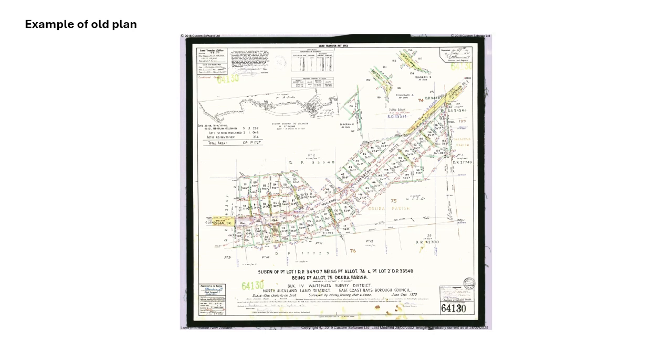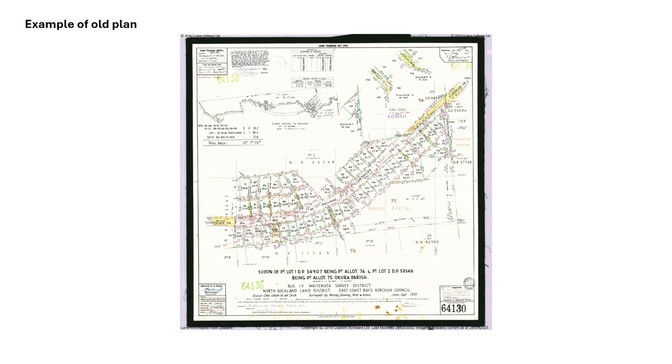You can see distances measured in links, and the areas of each parcel as well. As we go through the rest of this lecture, I'm also going to highlight some history on some of that information.